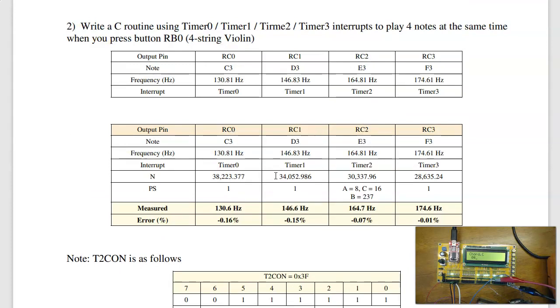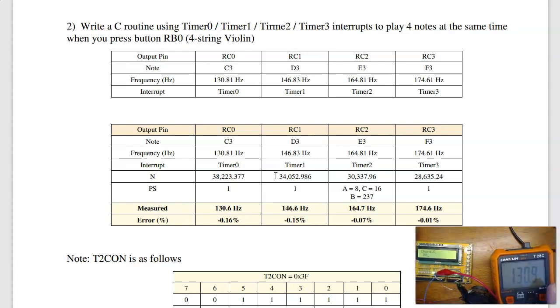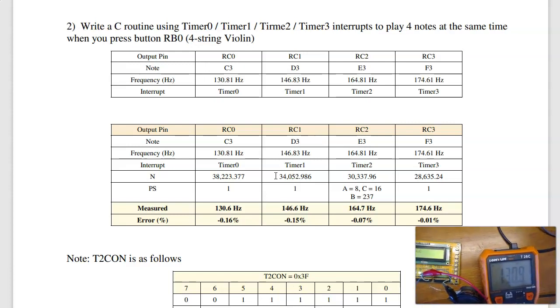For example, if I go over here, slide this over. Here's a frequency counter. This is RC0, should be 130.6 Hz. I'm getting 130.9. Come over to RC1, 146.9 Hz.